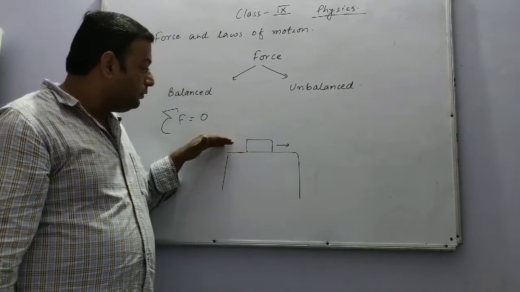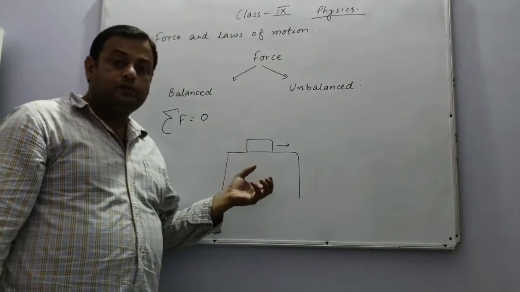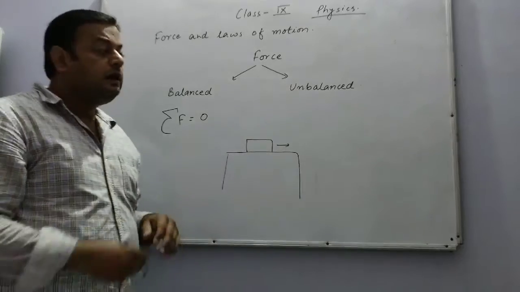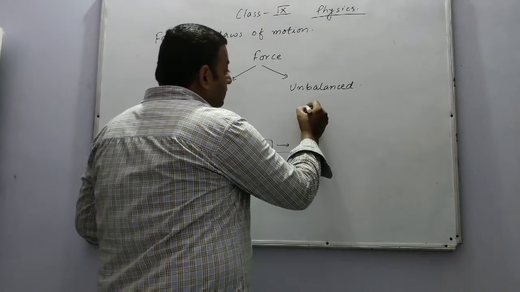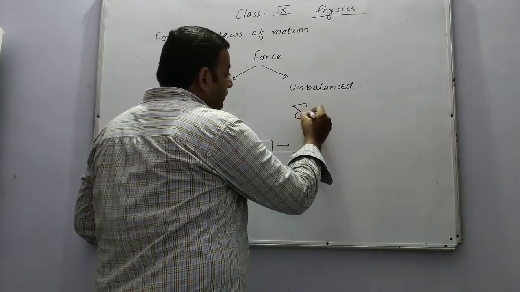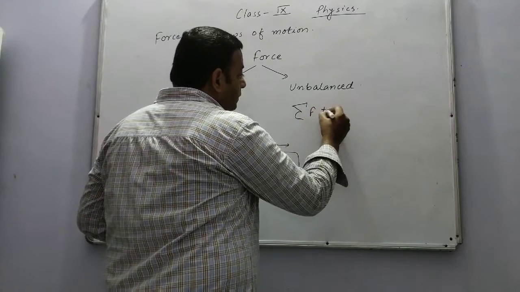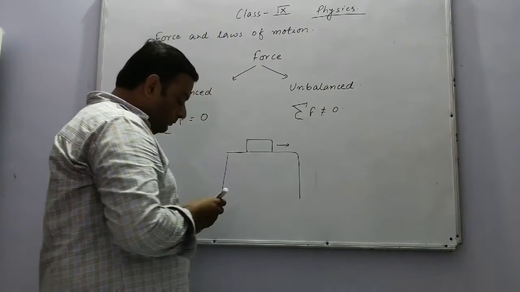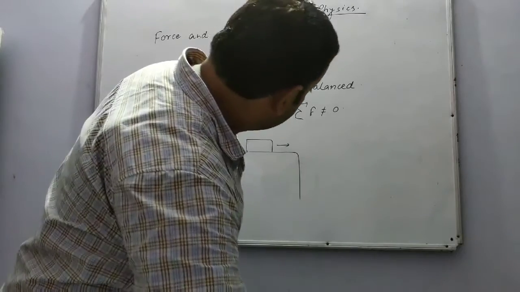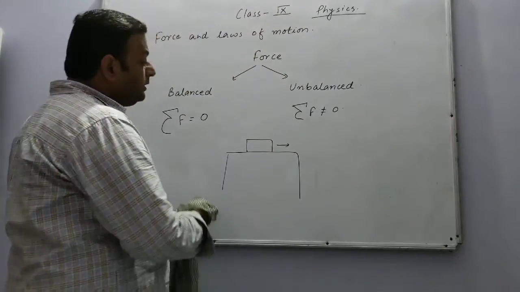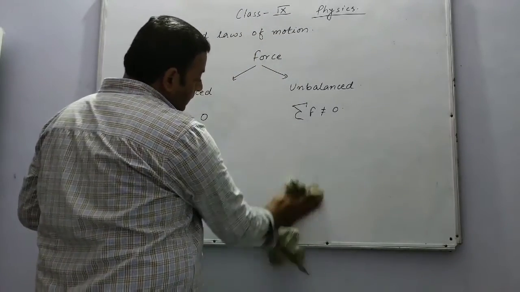Now if we add force from this direction, the forces become unbalanced, and we can say that sigma F is not equal to 0. So in this case the book starts moving in the direction of the unbalanced force.